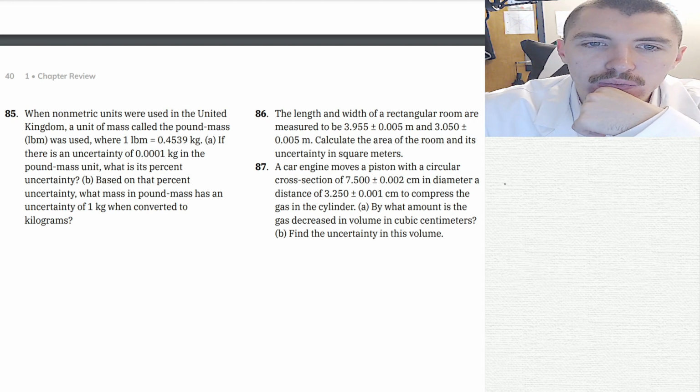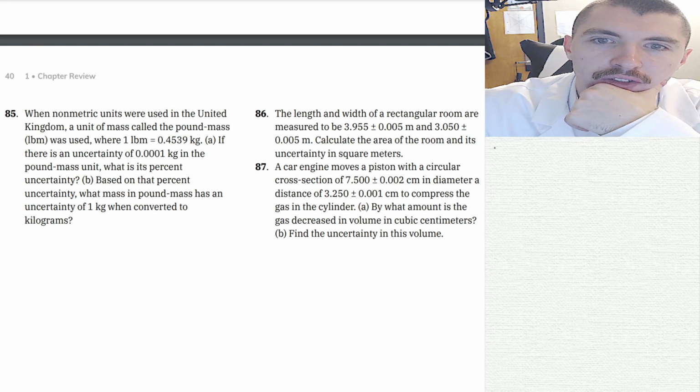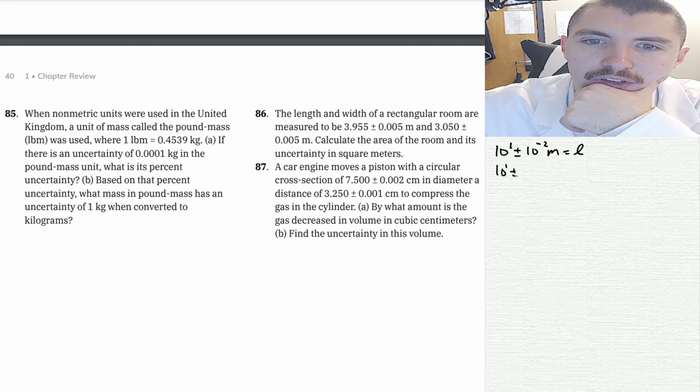Length and width of a rectangular room are 10 to the 1 plus, okay, 10 to the 1 plus minus.